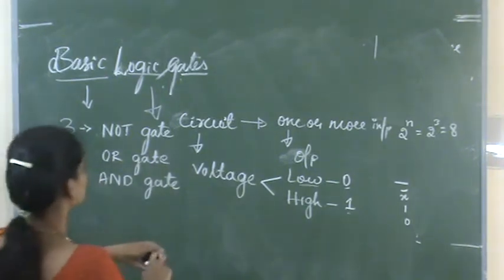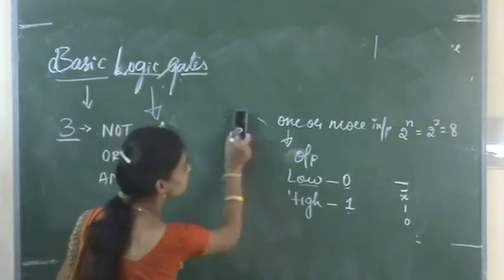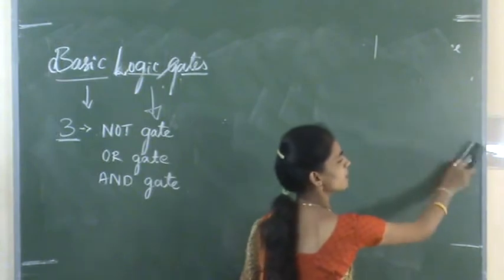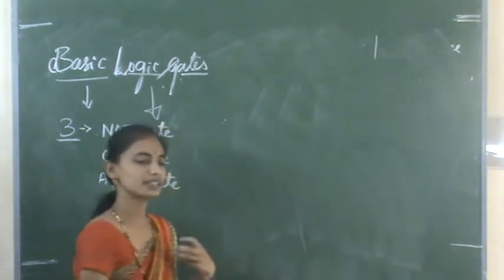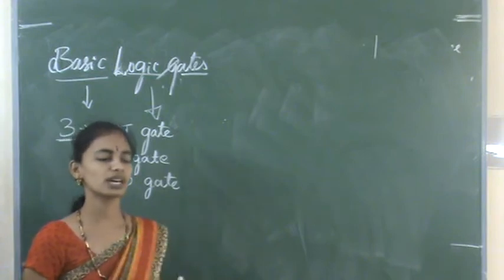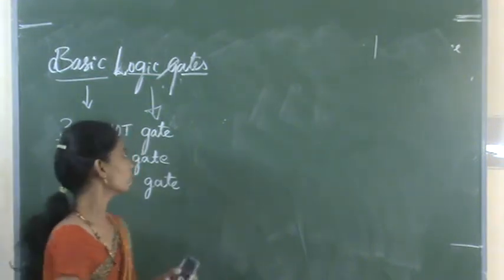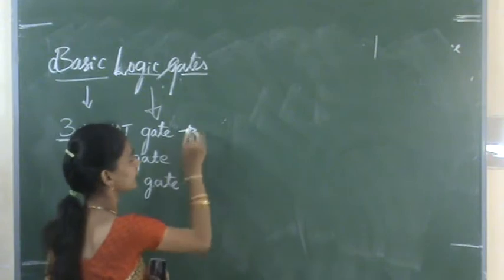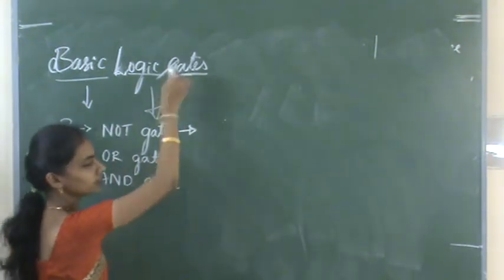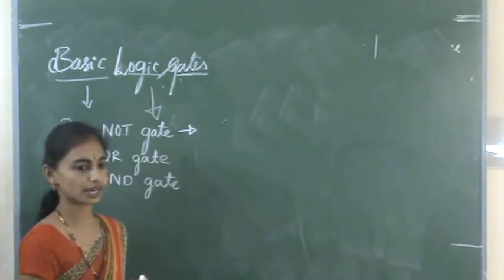So what is this NOT gate? Okay, so as we know, what is NOT operator? So NOT operator is a complement of it, right? So opposite to the input, right? So this NOT gate is an electronic circuit, right? We know that all gates are electronic circuits.